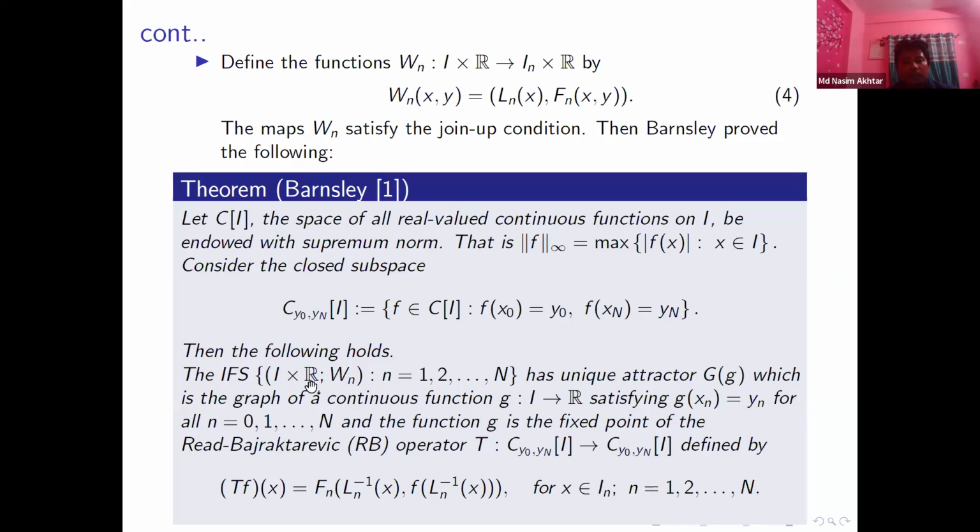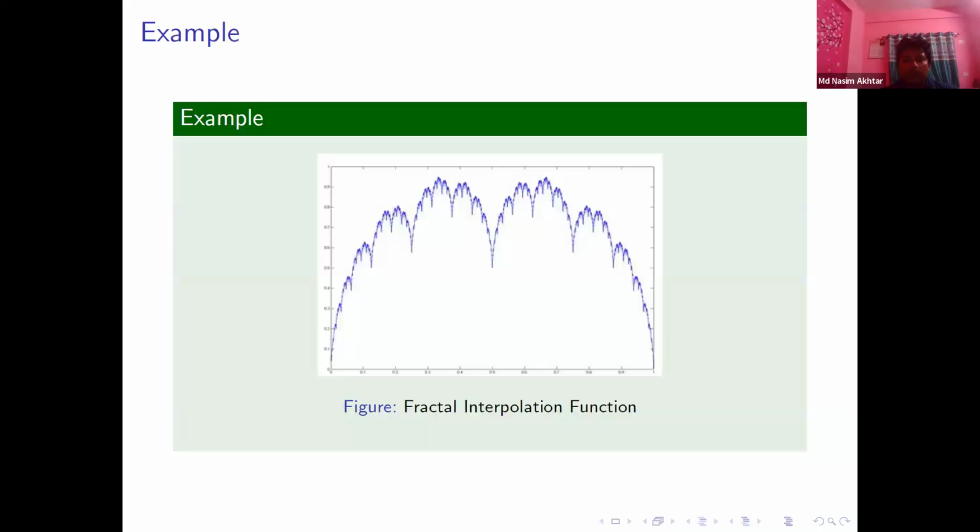Then this IFS (I cross R, Wn) has a unique attractor G, which is the graph of a continuous function g from I to R which interpolates the given data points. G is the fixed point of the Read-Bajraktarević operator T from C_{y0,yN} to C_{y0,yN}, defined by Tf(x) = Fn(Ln inverse x, f(Ln inverse x)) for x belonging to In, for n equals 1 to N. This is an example of a fractal interpolation function.